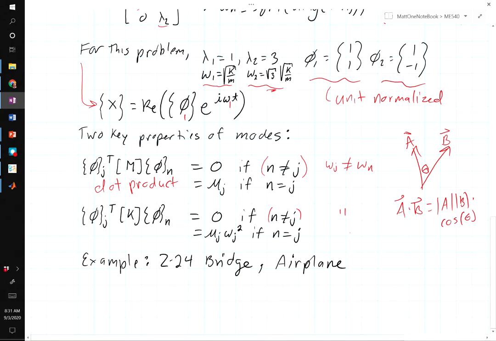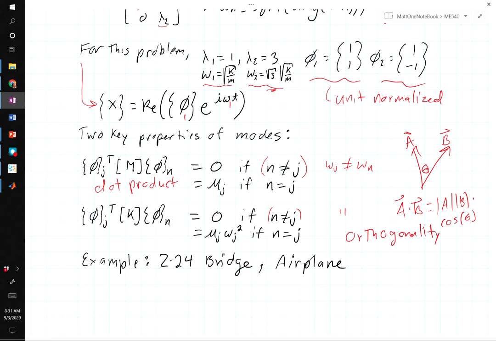So this is a key property of modes, and we call it orthogonality. And so these modes form a basis for the solution, or basically anything that the structure does is just a superposition of these modes. And so these are critical to help us understand the motion of multi-degree of freedom systems.